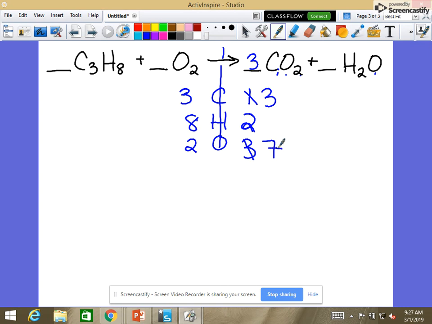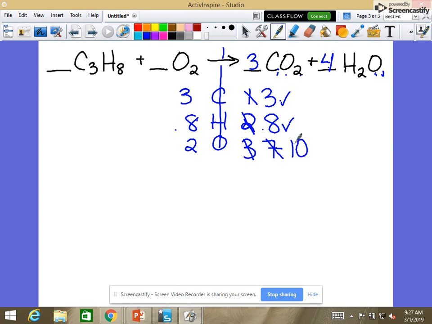I fixed my carbon, and now I'm going to try and tackle hydrogen. If I have 8 on this side and 2 on this side, I know that if I multiply 2 times 4, that's going to give me 8 here. So that balances, but now I've also changed my oxygen because I added the 4 to this oxygen. So 4 times 1 is 4, plus the 6 I already had, which gives me a total of 10.